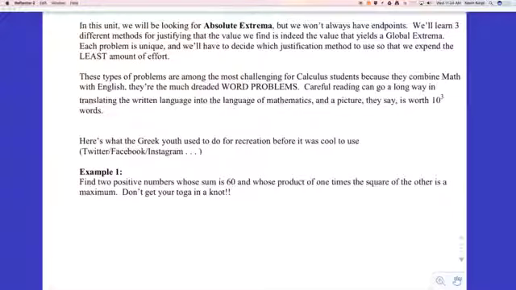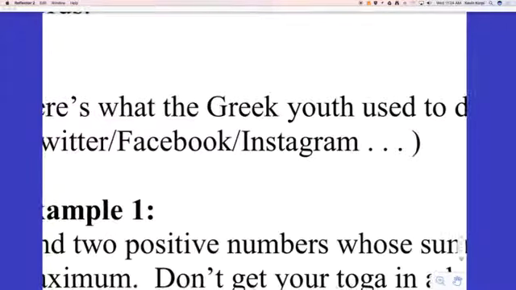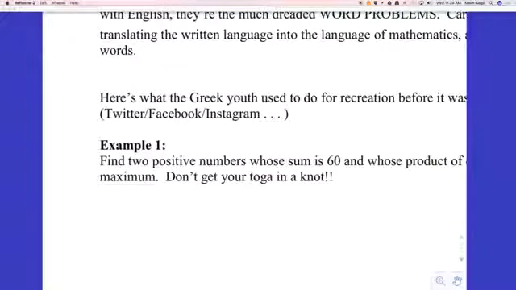All right, here's an example. Before Facebook or Xbox or whatever y'all use, Atari, I don't know what the latest system is, the ancient boys in ancient Greece and even in other parts of the world didn't have all the distractions that we have today. So they used to challenge each other to contests such as this on example 1.